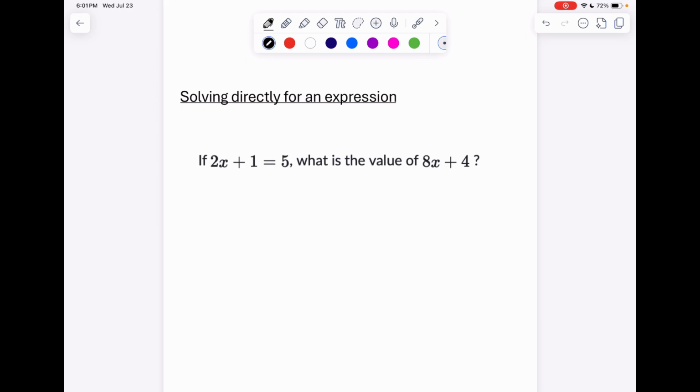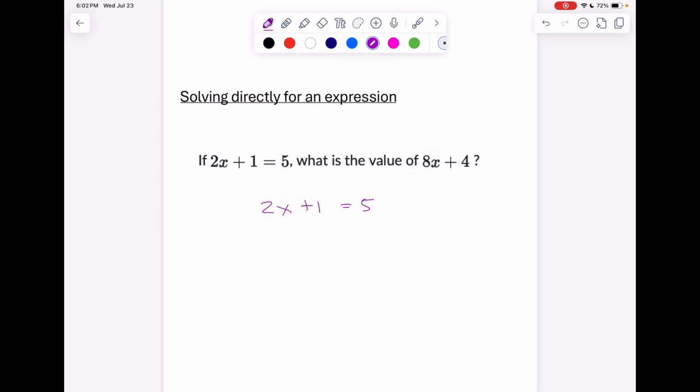expression. See here, if 2x plus 1 equals 5, what is the value of 8x plus 4? Well, please notice, if I have 2x plus 1 equals 5, there is a relationship between 2x plus 1 and 8x plus 4. 2 times 4 is 8, and 1 times 4 is 4.